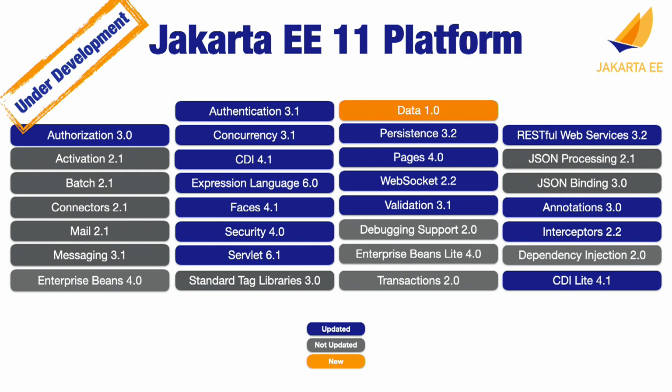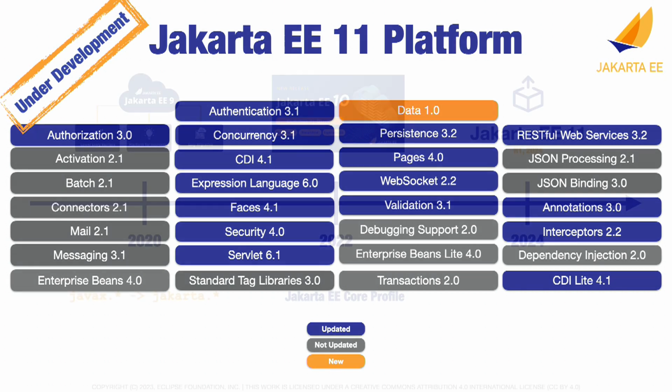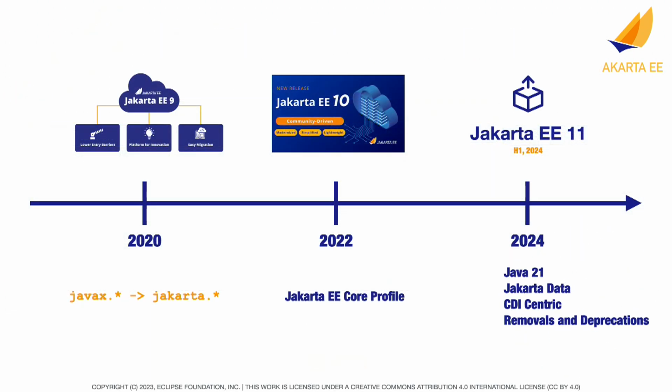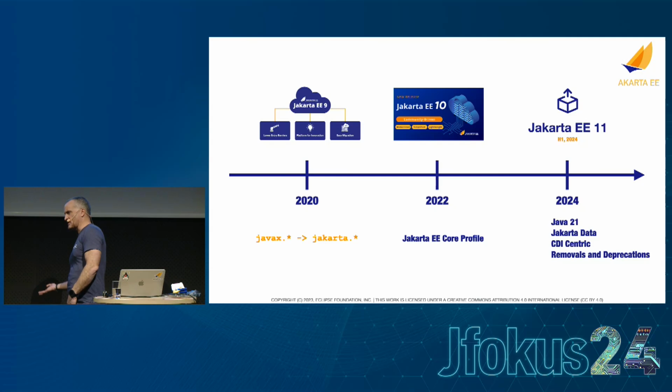So there are some new exciting things coming in 11, and that's just 6 months away. If we look at this timeline, we had the namespace in Jakarta EE 9 in 2020, we had the Core Profile in 2022 in 10, and in 11, we will have Java 21 support, even though we say we compile to 17, which is fine, because we will be able to support 21 since we run the TCKs on 21 as well. So you will have virtual threads if you need it.